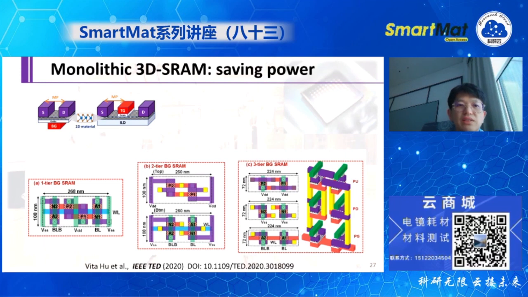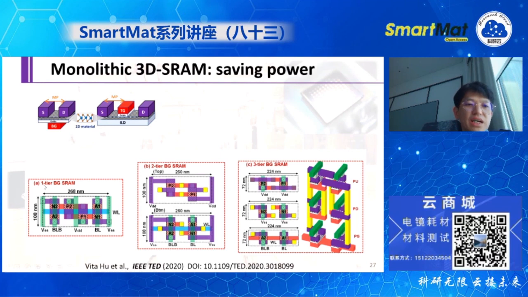This is the work done by Professor Vita Hu at National Taiwan University. We worked together before, and the simulation results demonstrate that if we can do monolithic 3D integration using 2D materials as SRAM transistor units, basically if you stack many layers, you can save a lot of power.